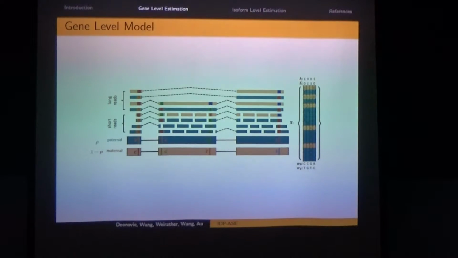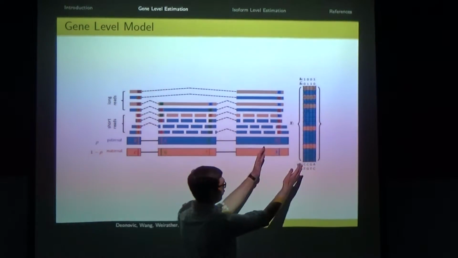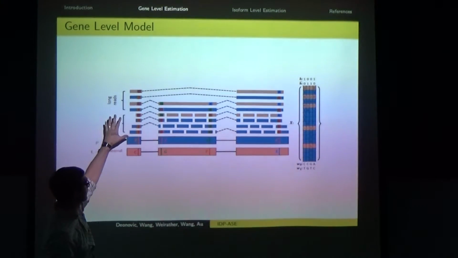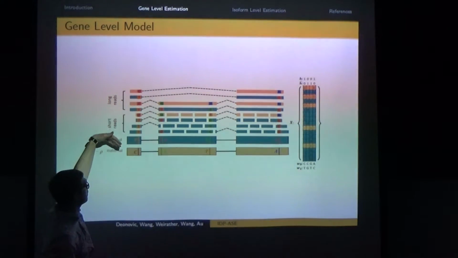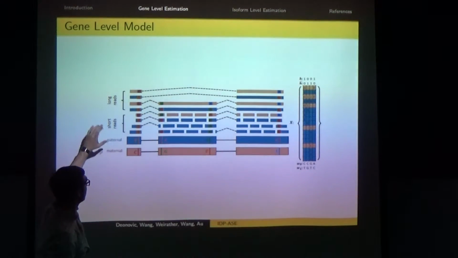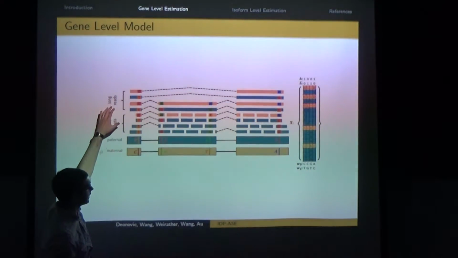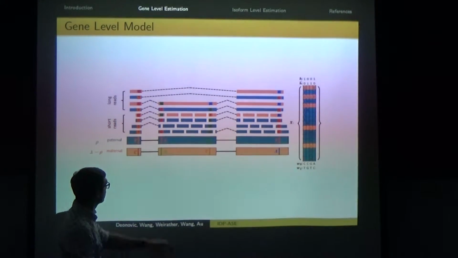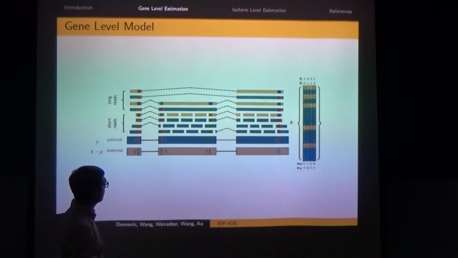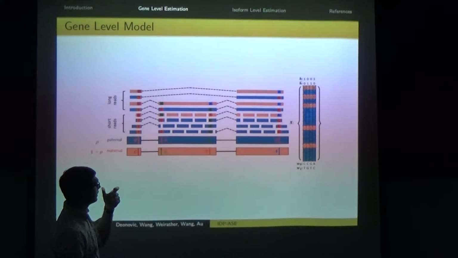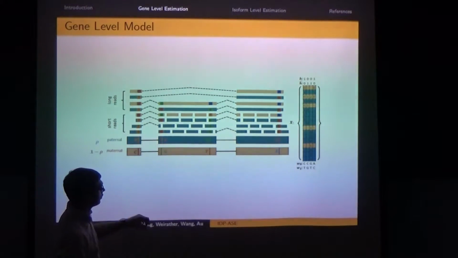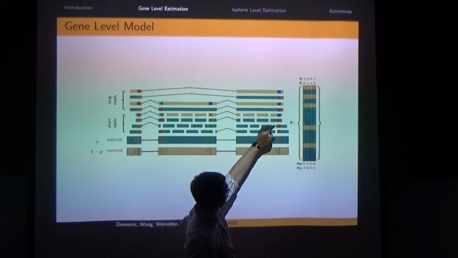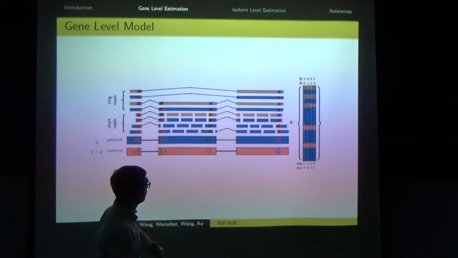Next, I describe what we call the read matrix right here. Suppose we have RNA sequencing data, which is represented here by these lines. We have short read data and long read data. For the read matrix, we look at the variants that each read covers, and then we fill in the matrix based off whether that corresponds to the reference or the alternative.